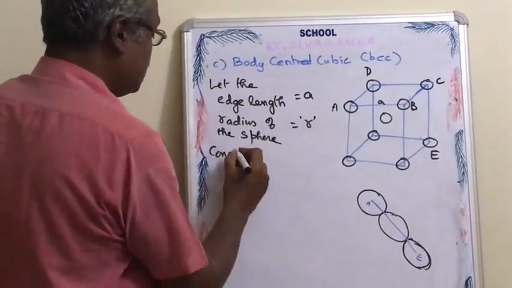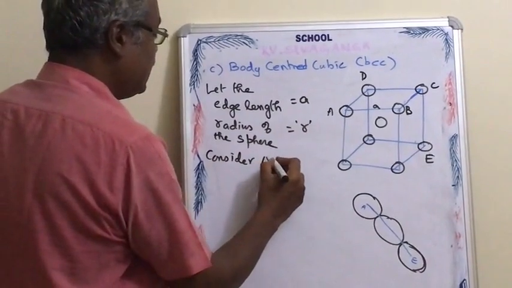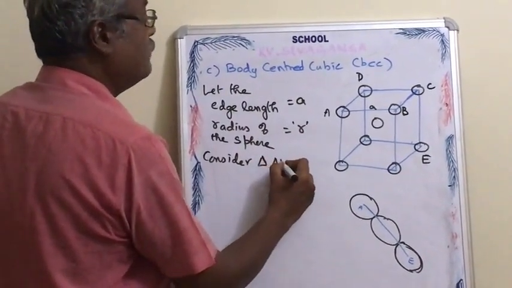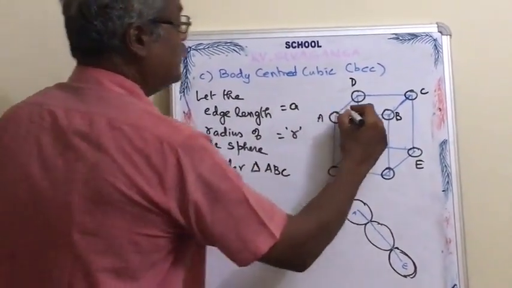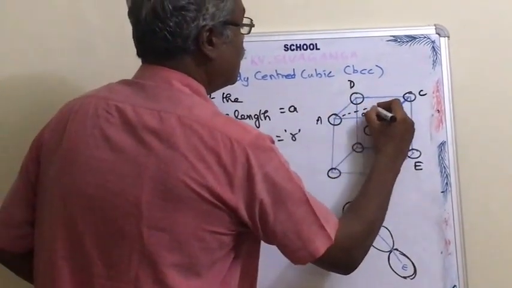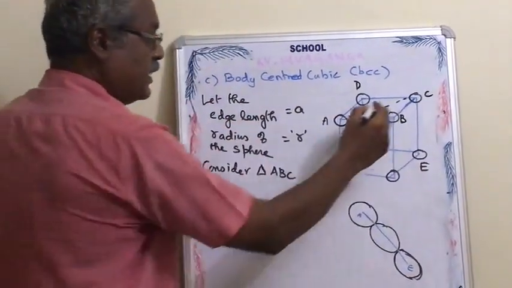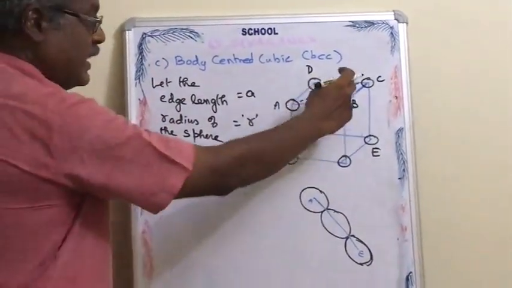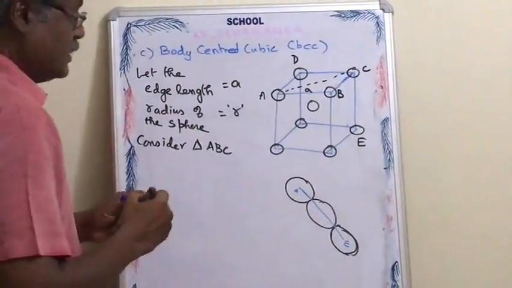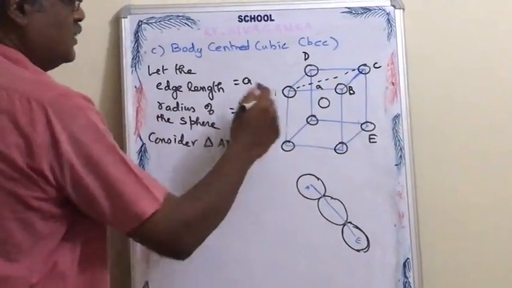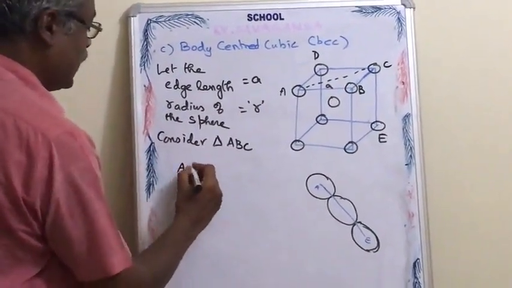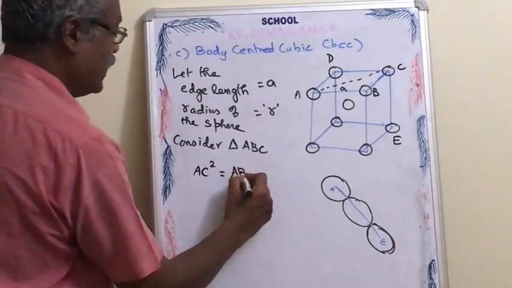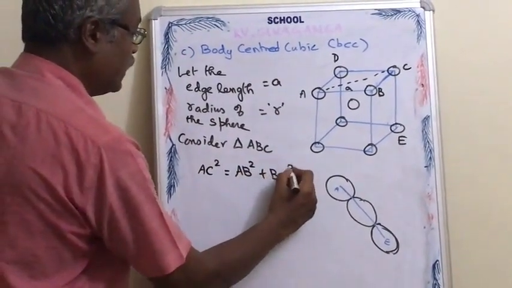Now consider right triangle ABC. So I am joining here. If I join here, I am getting a triangle ABC, a right triangle. Here the right angle is there. Here AC square equal to AB square plus BC square.